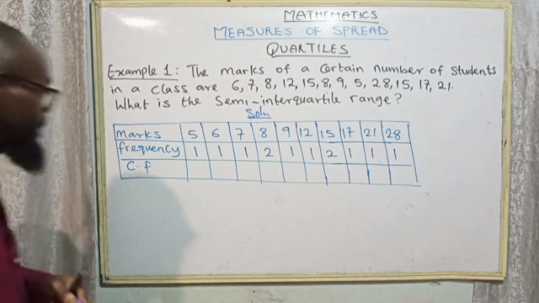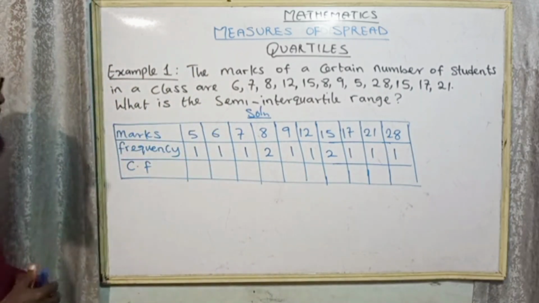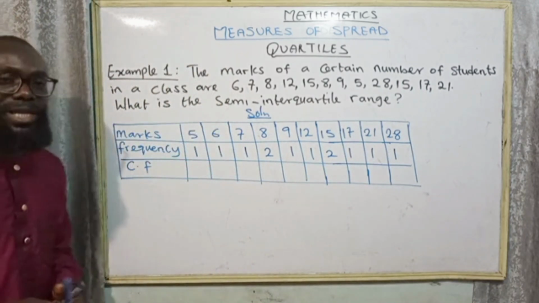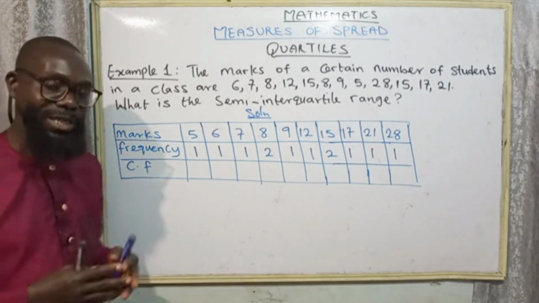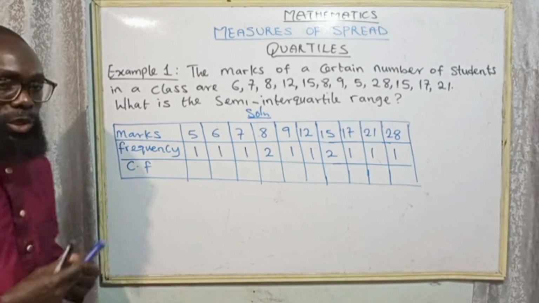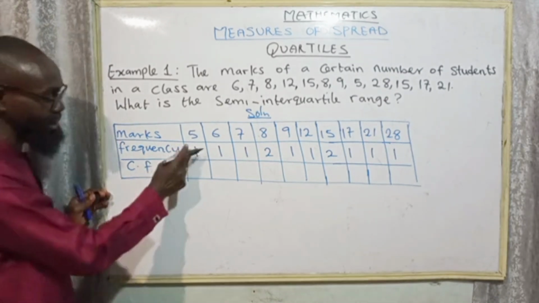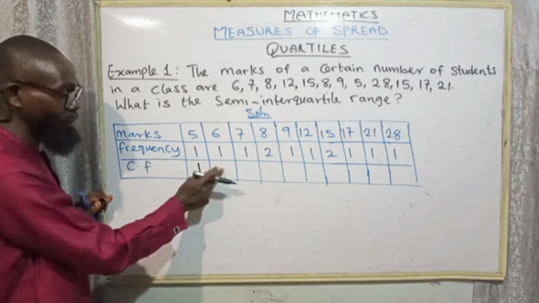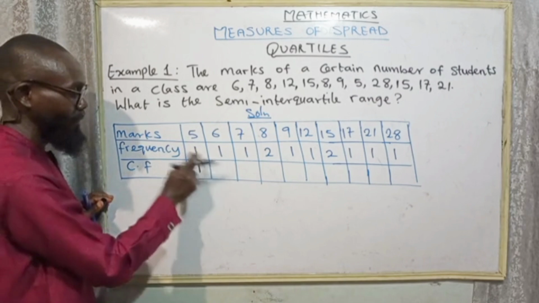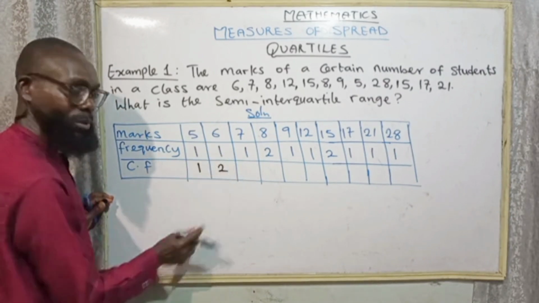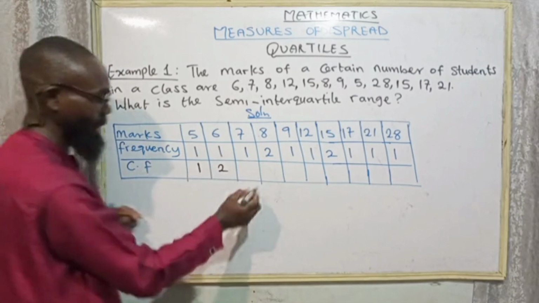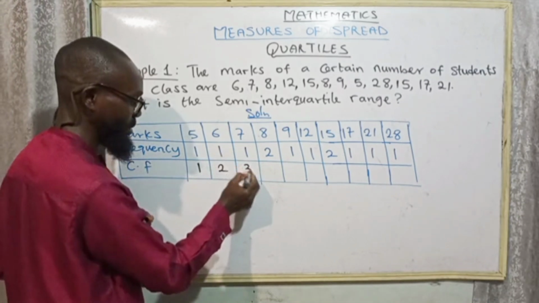Okay. The next one is to now find the cumulative frequency. Don't forget from our previous classes under mean and under median, how to find the cumulative frequency. The first value of the frequency here is 1. Second one will now be 1 plus 1, we have 2. Then 2 plus 1, we have 3.